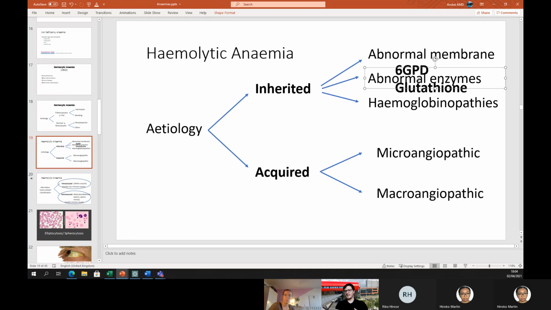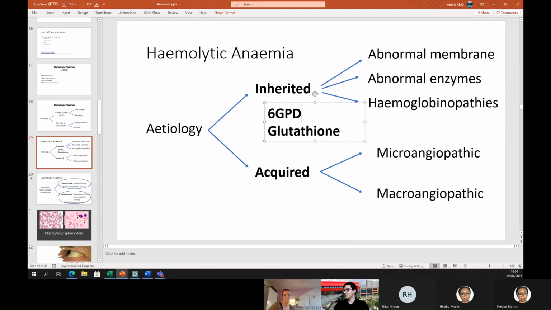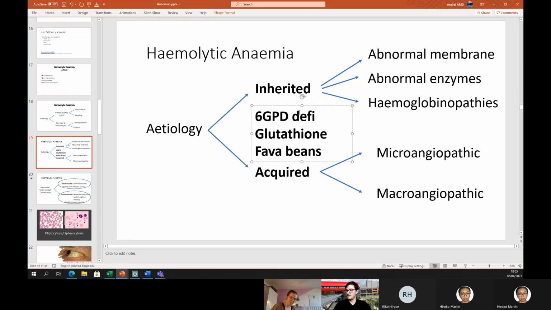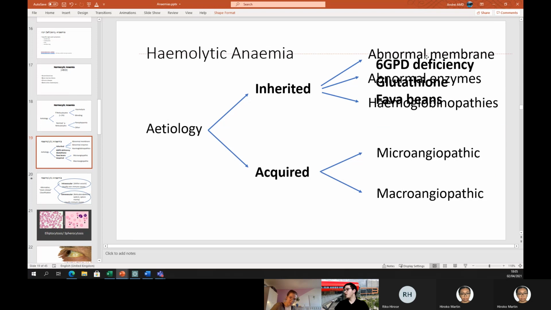For example, let's say you eat fava beans. That's very commonly listed in textbooks. So this triad, everybody likes to have a triad, this will be like Andrei's triad. So fava beans, those three go together.